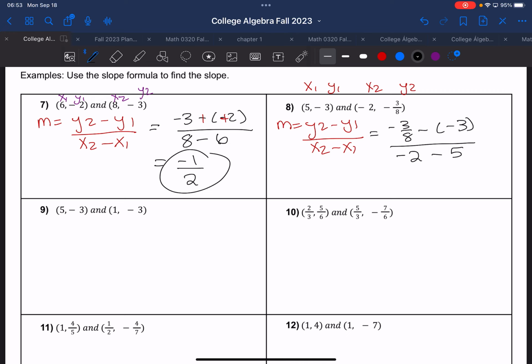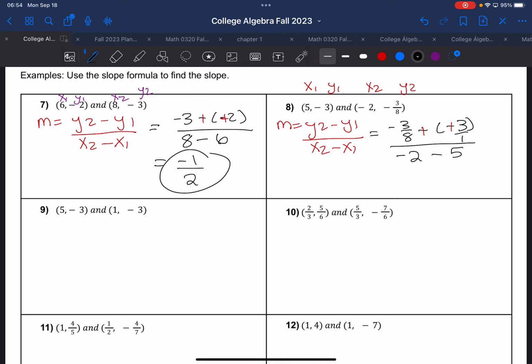So on the top, since we have minus a negative, we know that's the same as plus a positive. But now we have a fraction added to a number, so that means we have to get a common denominator. So that 3 we can write as 3 over 1, meaning the common denominator between these two fractions would be 8. So we multiply the top and bottom of that second fraction by 8.